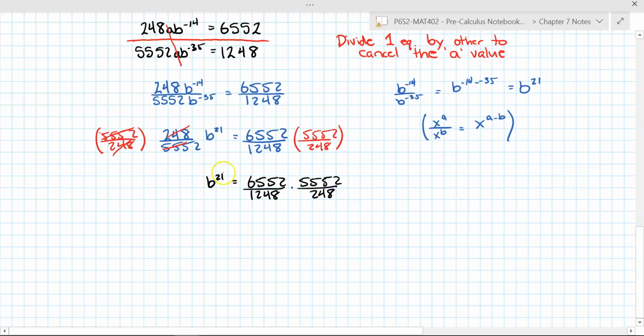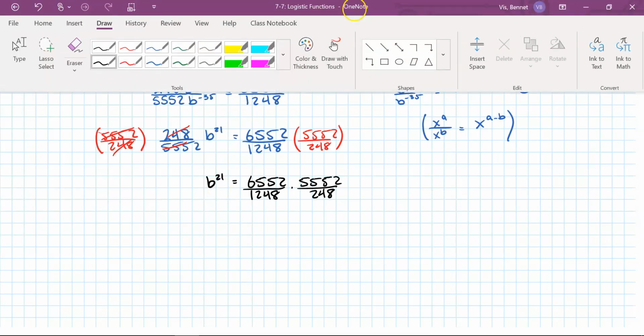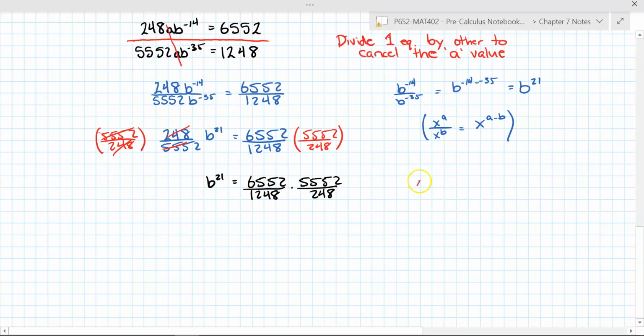To undo this 21st power, I need to raise both sides to the reciprocal of that 21st power, to the 1 over 21. So on this side, b to the 21st to the 1 over 21 is going to cancel.